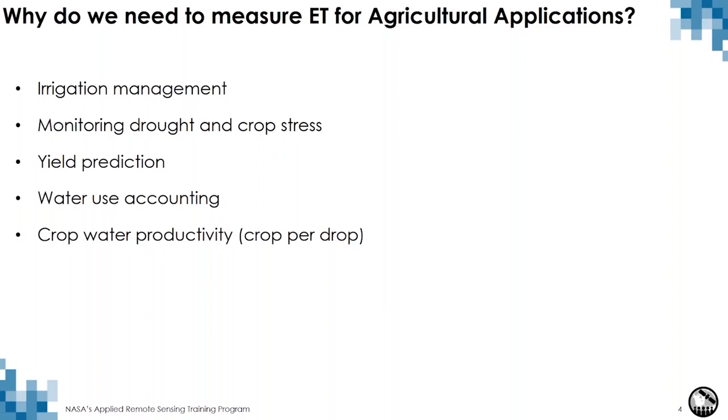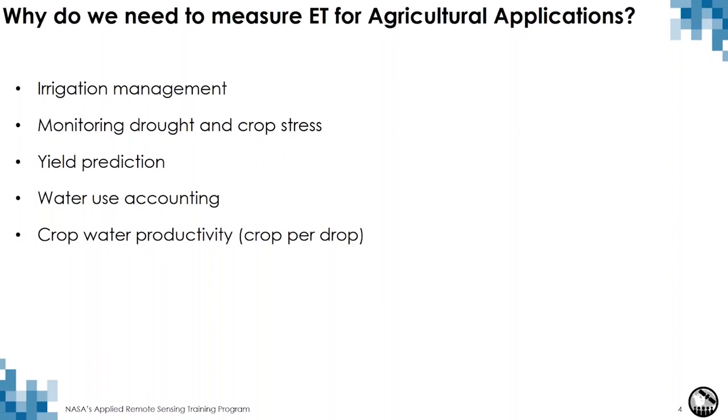If it's an irrigated plant, you can work with the farmer to do a better management program. If it is rain-fed, then you can hopefully have some mitigating factors for the impacts of drought and crop stress, or just give an early warning of downstream effects when it comes to end-of-year yield or a decreased amount of food that could be harvested or grown from that crop.